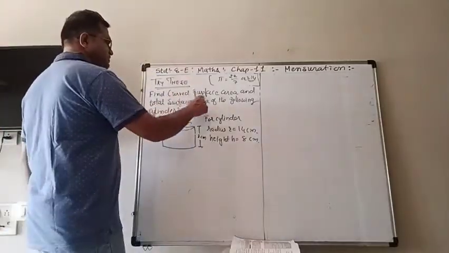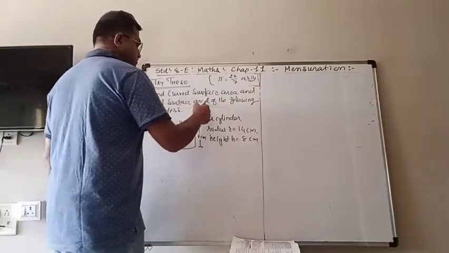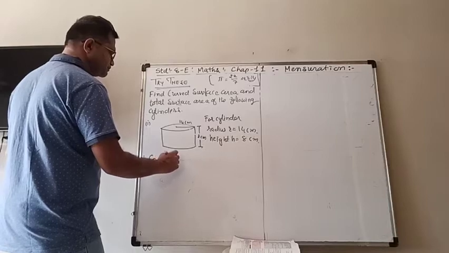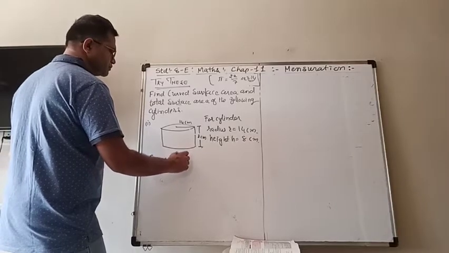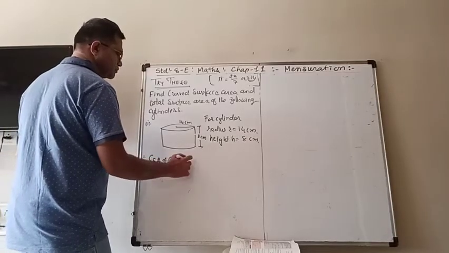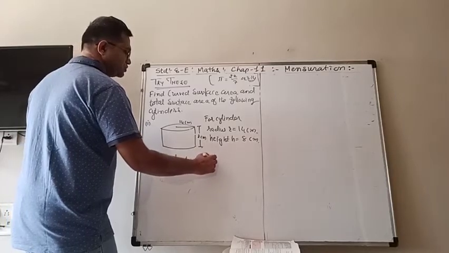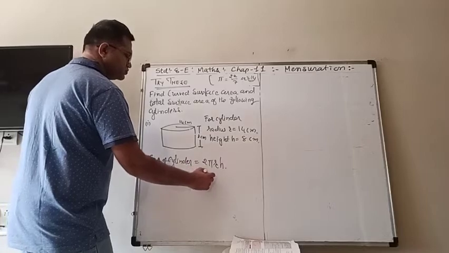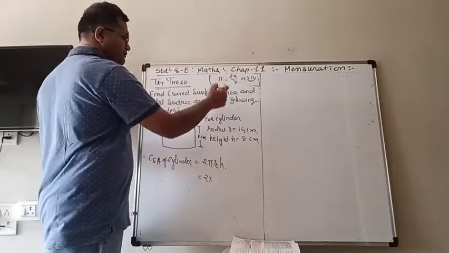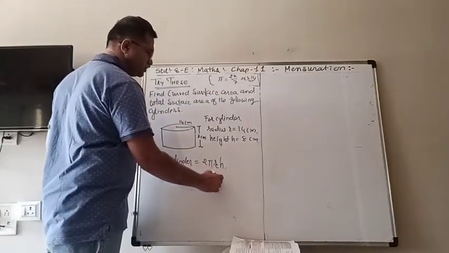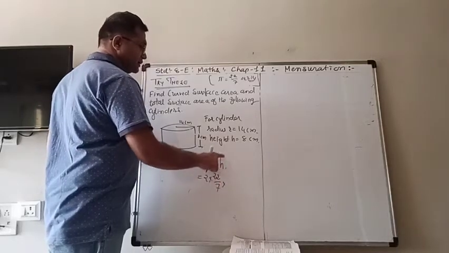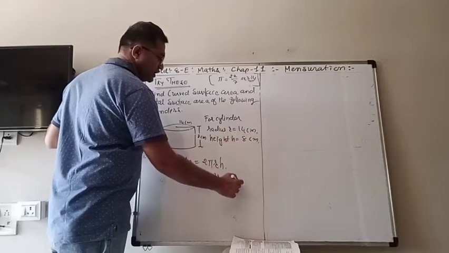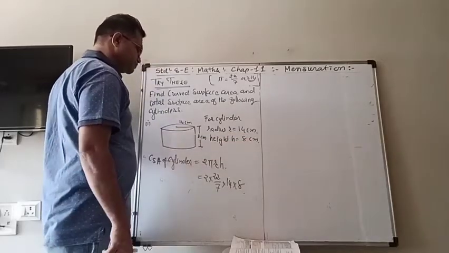So first we will find CSA and then we will find TSA. Therefore, CSA of cylinder is equal to, the formula is 2 pi r h. So 2 multiplied by 22 upon 7, radius is 14 and height is 8 centimeter.